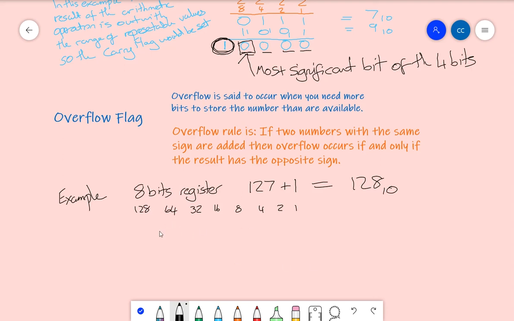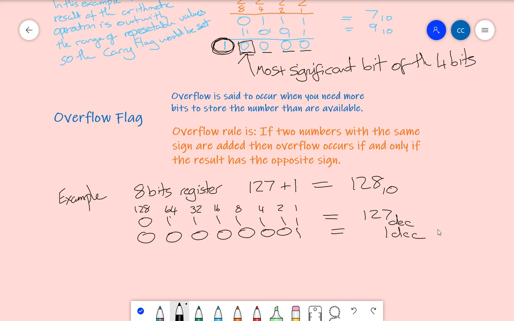And for positive 127, that would be adding up all of these. So that equals 127 decimal, and 1 would be represented in binary as that. Now, the most significant bit of both of these is set to 0.